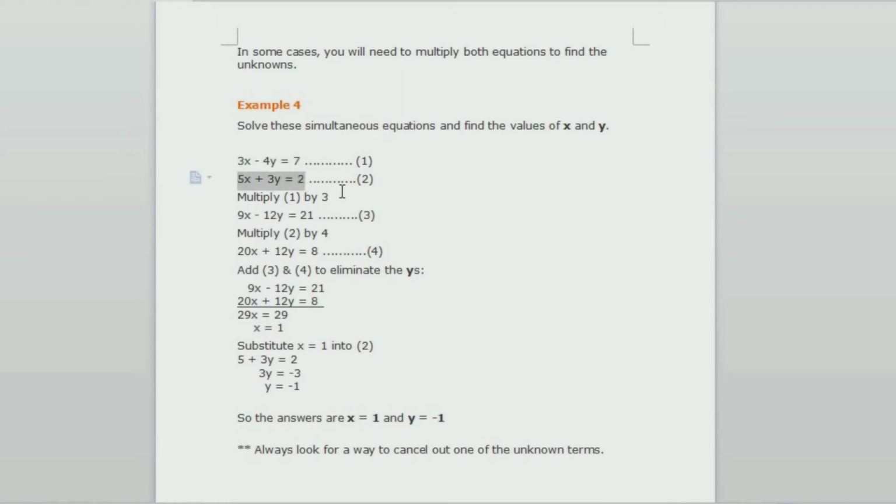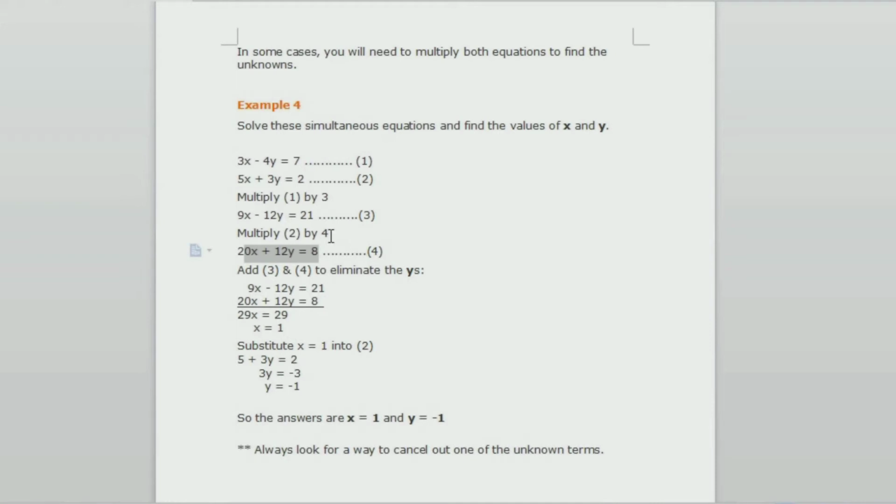First, we multiply the first equation by 3, making it 9x minus 12y equals 21, which becomes the third equation. And then we multiply the second equation by 4. Now we have 20x plus 12y equals 8, which is the fourth equation.